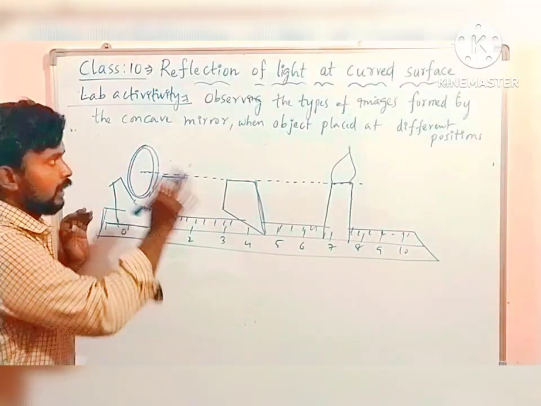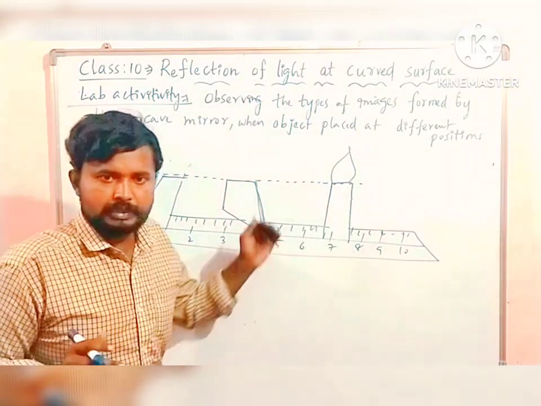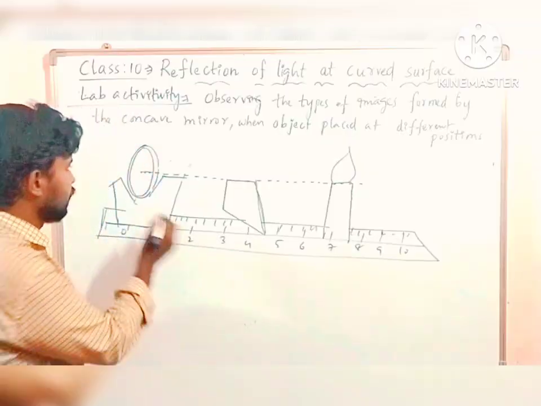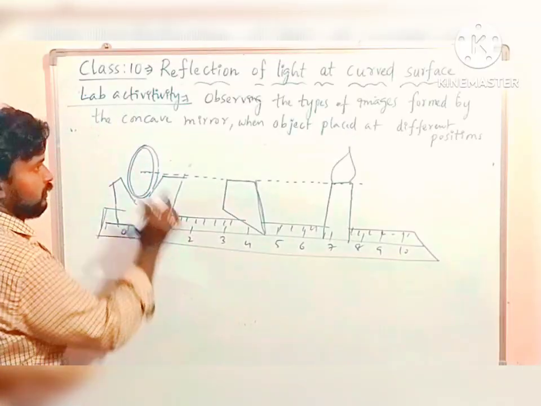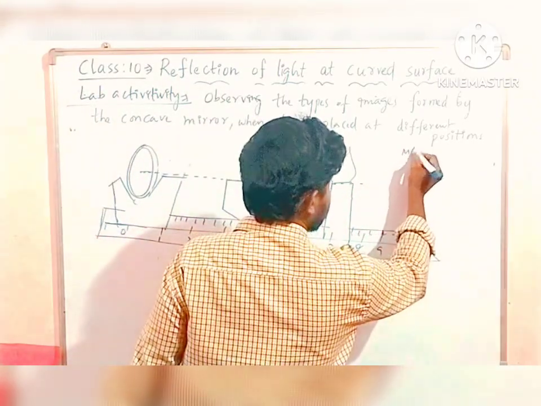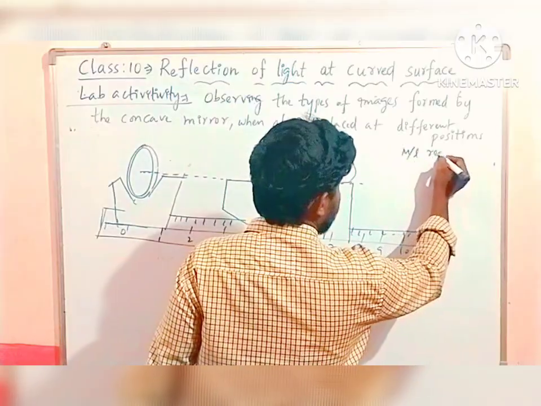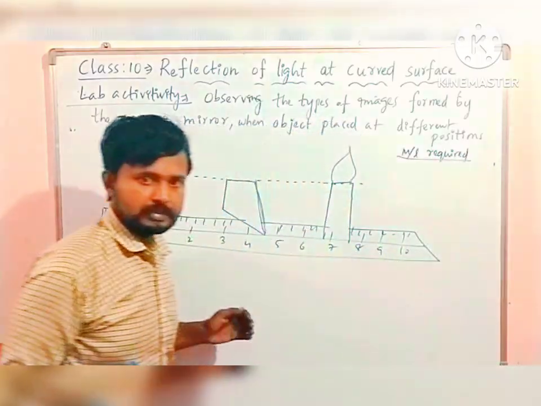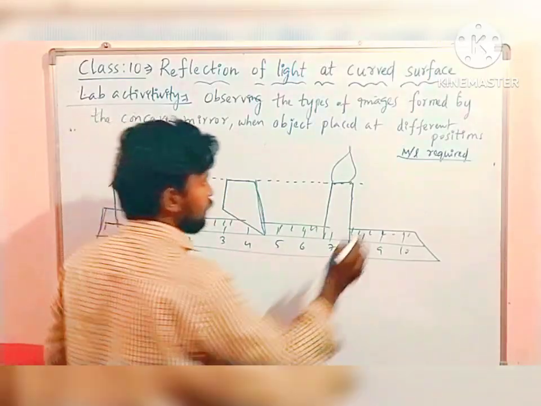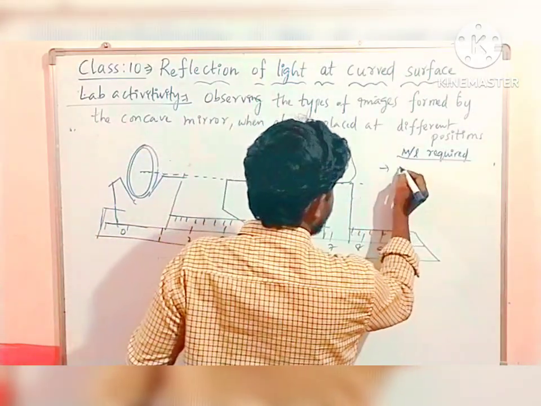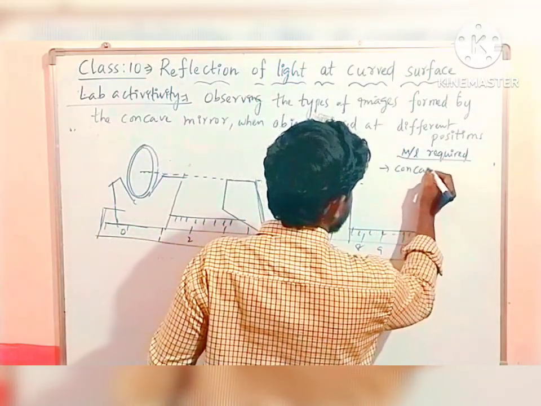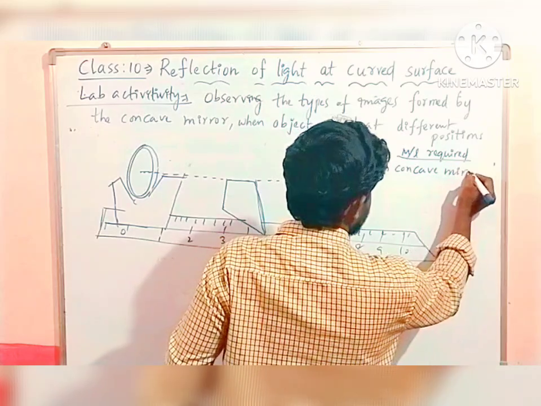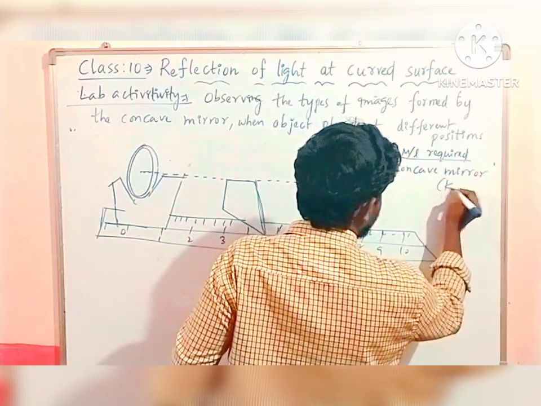Look here. What are the materials required to understand this experiment? First is the V stand. This is a 2 marks question. Every year, in the 2 marks question, they will ask the materials required. First, a concave mirror of known focal length.